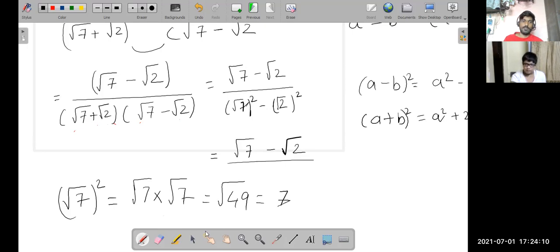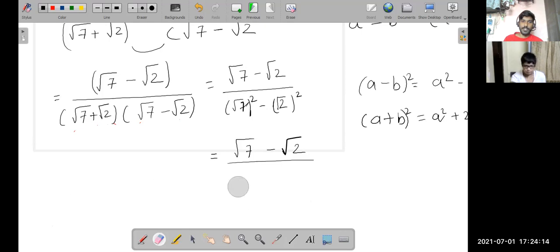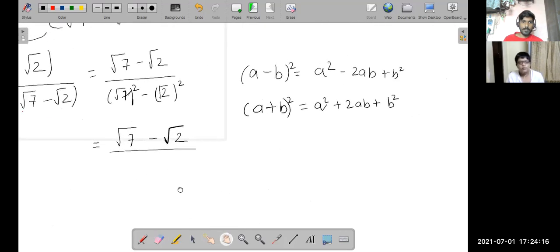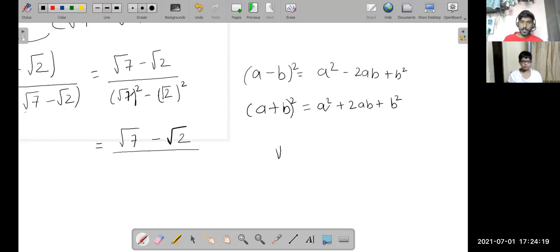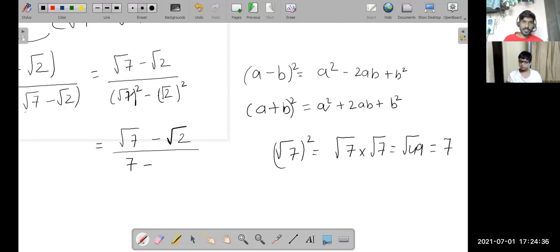Okay, I'll write it here. Root 7 whole square is nothing but root 7 into root 7. And you know root 7 into root 7 is root of 49. And you know root of 49 is 7. So this will become 7 here.